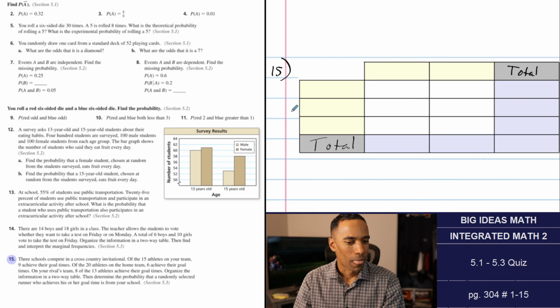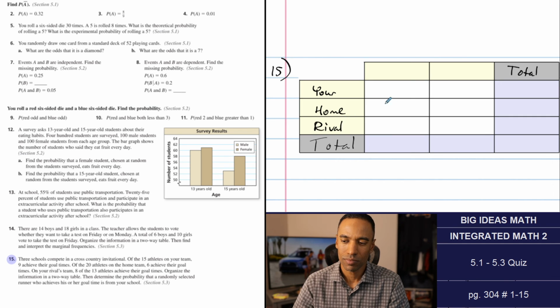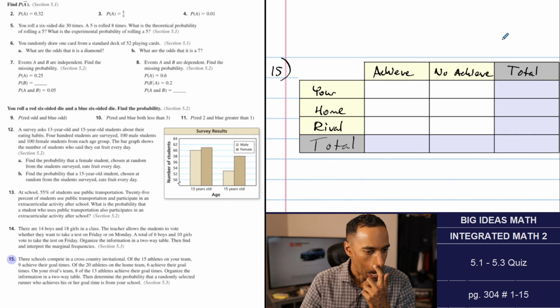Okay, let's go. Your school versus home versus rival, and then achieved goal times, did not achieve. Three schools compete.